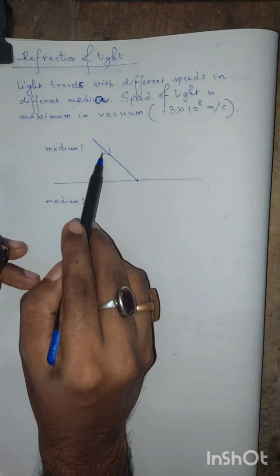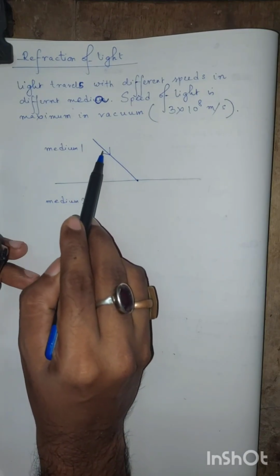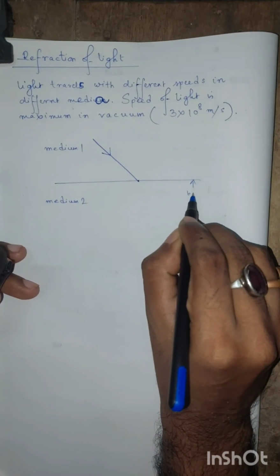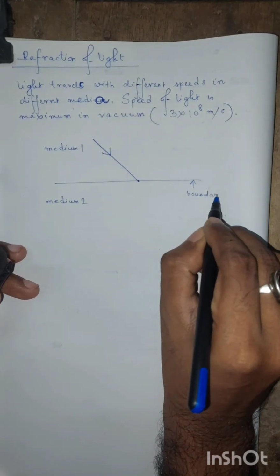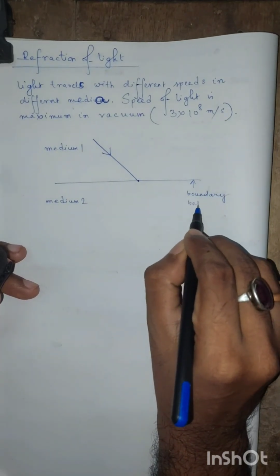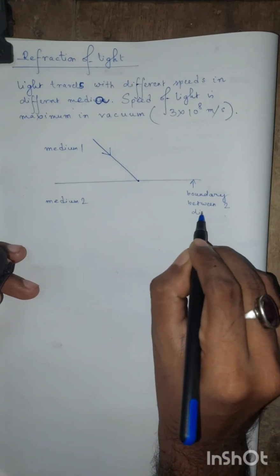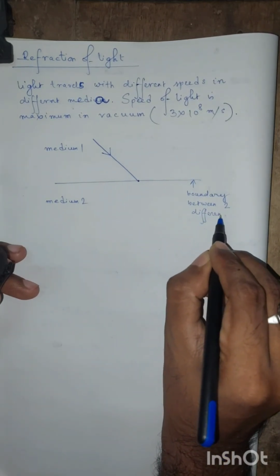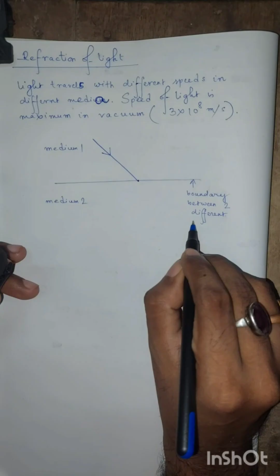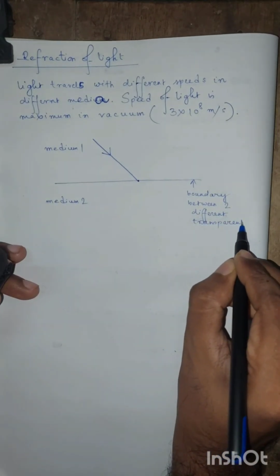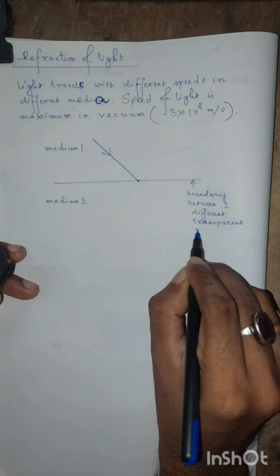Light ray is coming, this is our incoming ray, and this is the boundary between two different transparent media.